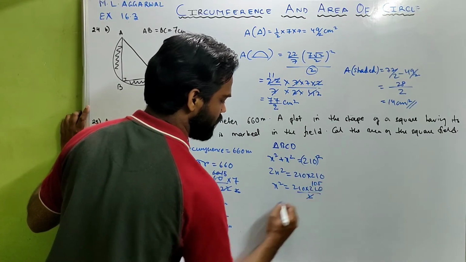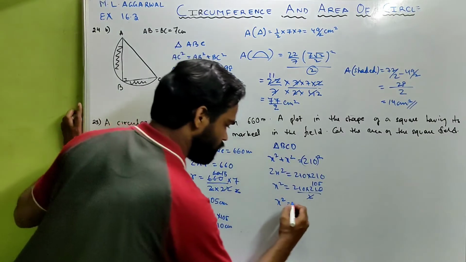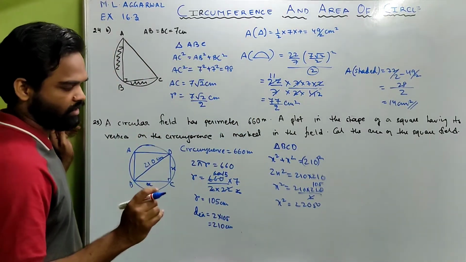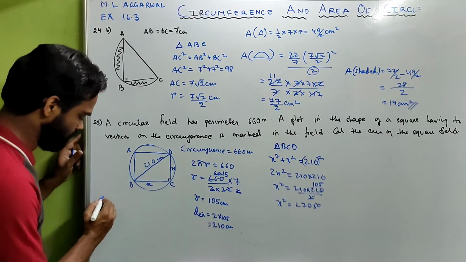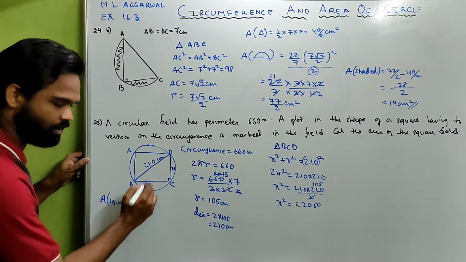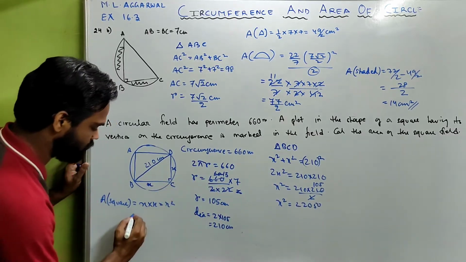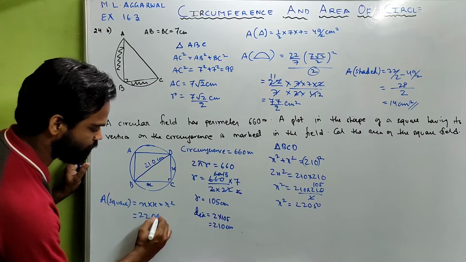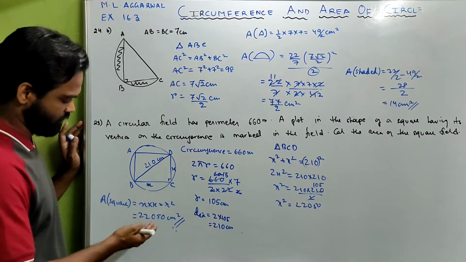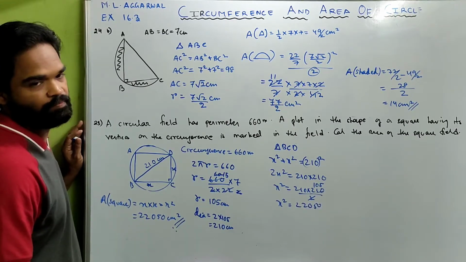That's 105 times 210. So x square will be 22050. Now if you look carefully, the area of the square is nothing but side multiplied by side, which is x into x, which is x square, and we already got the value of x square. So this is the area of the square, 22050.